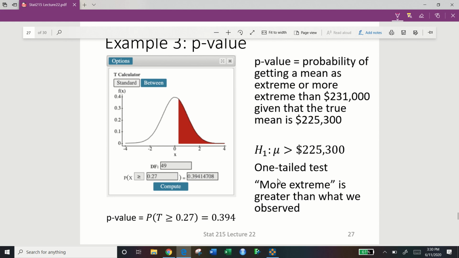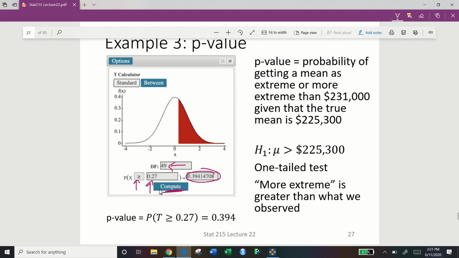This means that it is a one-tailed test, and we want the more extreme to be greater than what we currently observed. So using StatCrunch and our t-calculator, we will plug in our degrees of freedom, greater than our calculated test statistic of 0.27. We will then hit compute and get our p-value of 0.394.